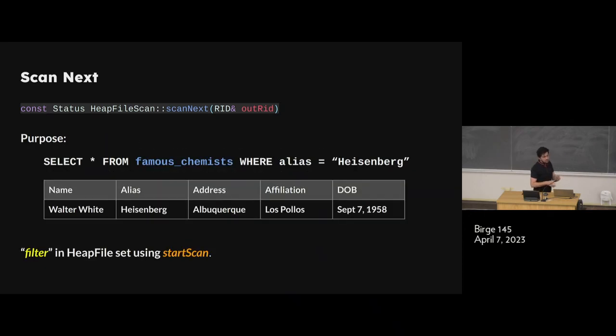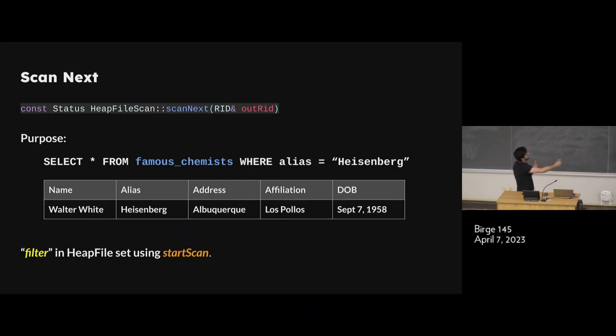Now, if you think about how this query would be evaluated in a database, you have a bunch of pages. You start from the first page, go to the first record in that page. You want to check if the alias column inside that row is equal to some value, in this case, Heisenberg, right? For each record, you know that the alias column is the second column in that row, which means it starts at a certain offset. Let's say the offset is 20 bytes or something.